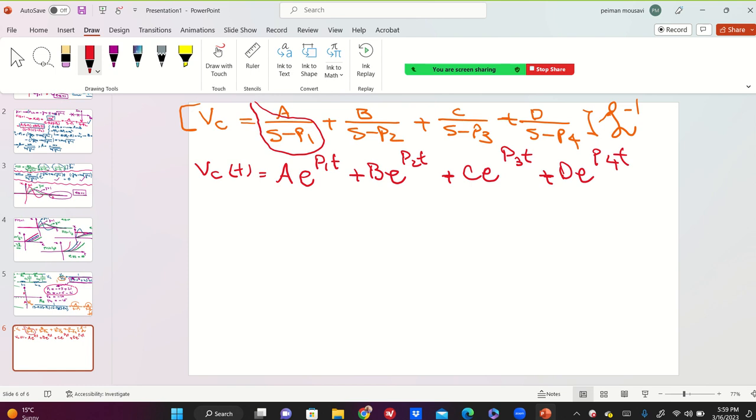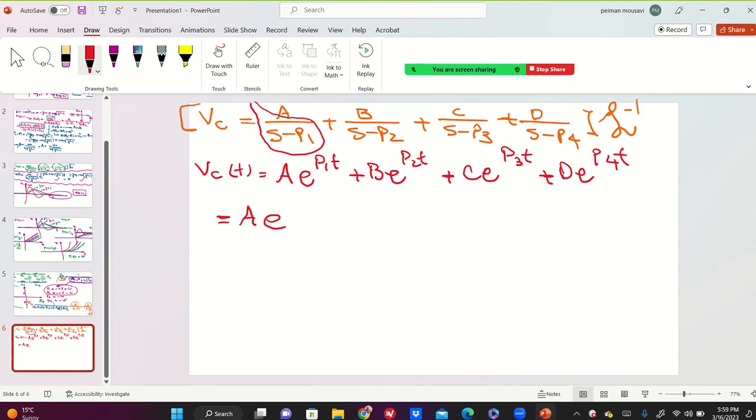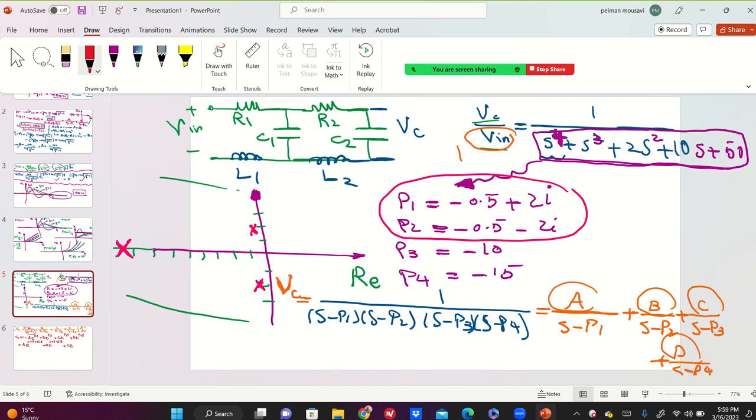Bear with me, guys, okay? Now I'm implementing the numbers. What was your P1? Minus 0.5 plus 2i. So A e^((-0.5 + 2i)t) plus B e^((-0.5 - 2i)t) plus C. What was that?